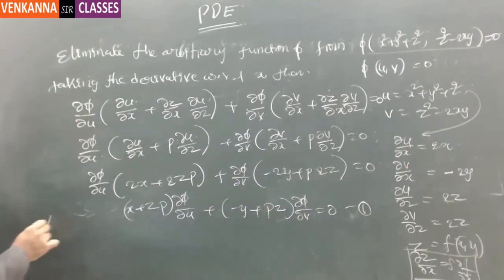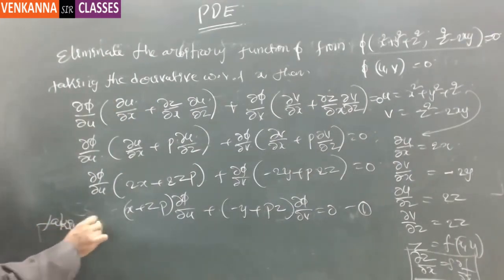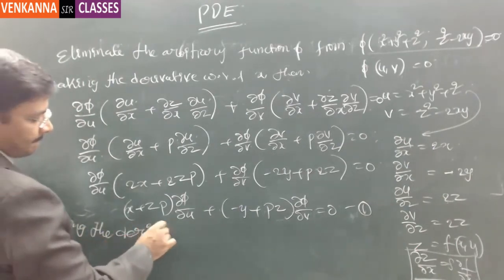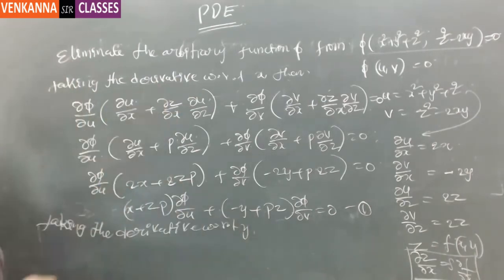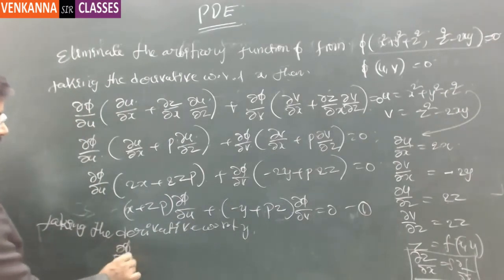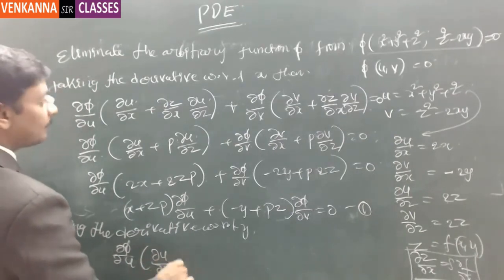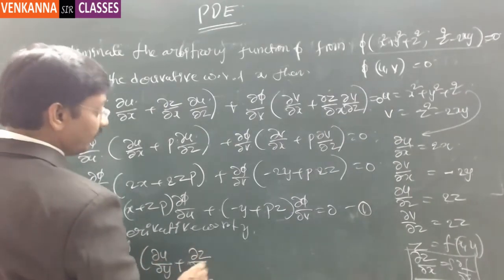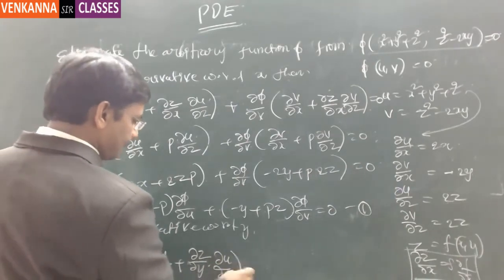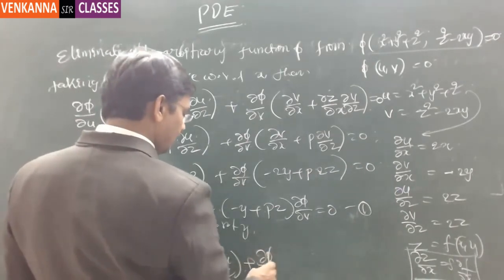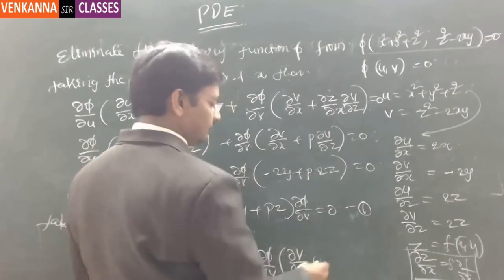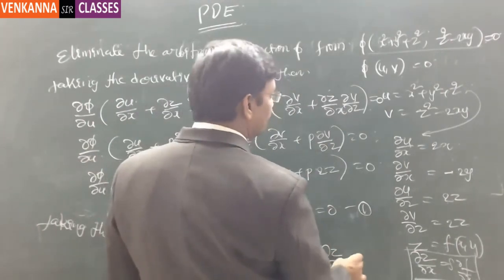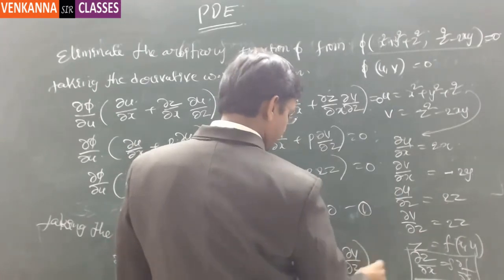Now taking the derivative with respect to y, that is dou phi by dou u into dou u by dou y plus dou z by dou y into dou u by dou z, plus dou phi by dou v into dou v by dou y plus dou z by dou y into dou v by dou z is equal to 0.